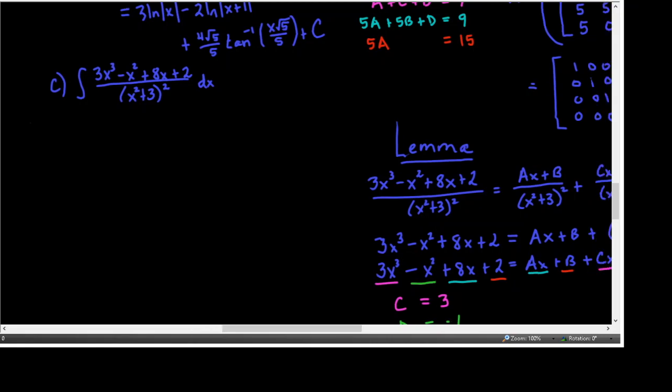All right, so that means that this integral becomes the opposite of x plus 5 over x squared plus 3 quantity squared plus 3x minus 1 over x squared plus 3.